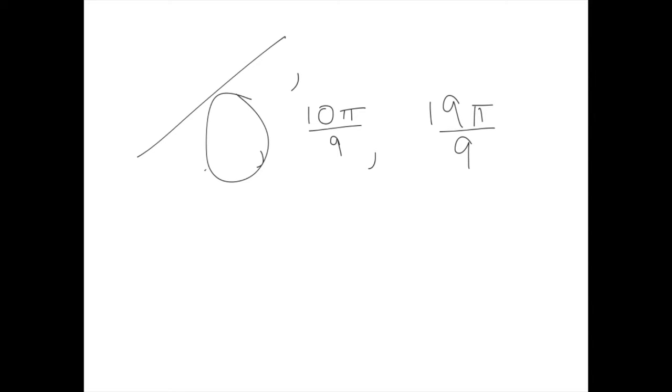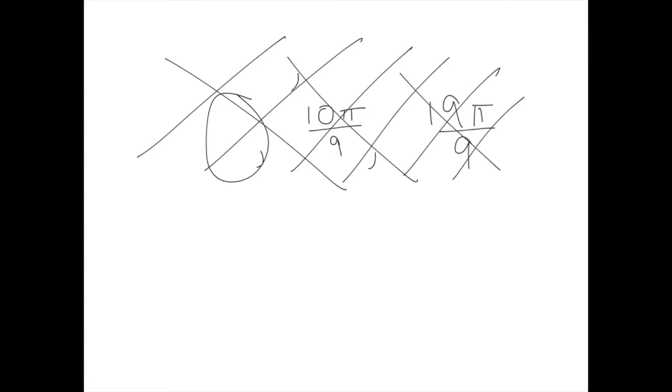You may see answers such as 10 pi over 9 and then 19 pi over 9, because what they've done is added pi on every single time from this value. So this is wrong. Please do not do that. Find all of your solutions for 3 theta to begin with, and then that should help you get the right answer.